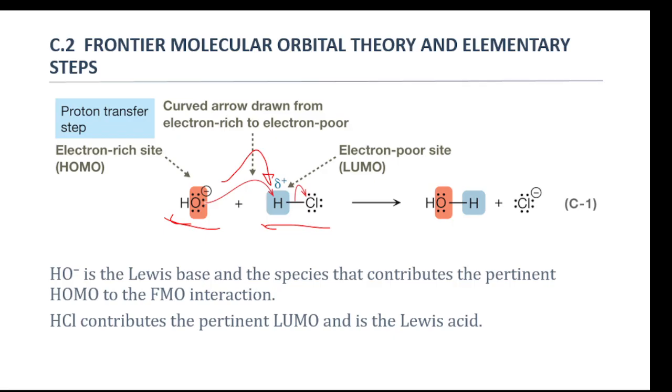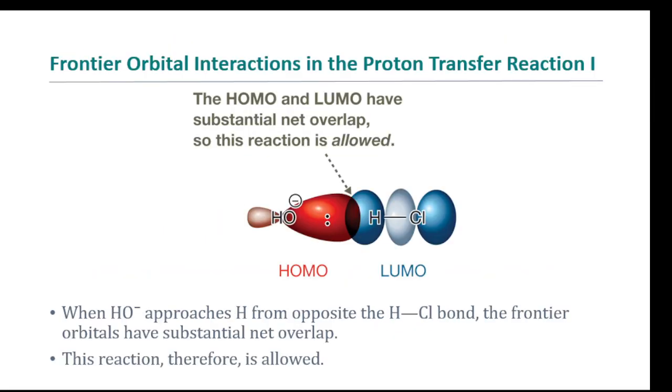And has anybody ever noticed when you hand stuff to somebody, especially really light stuff, there's this moment where neither of you are sure of who's holding on to it, right? And sometimes you guys drop it. I mean, that's kind of what's going on here, right? At that transition state, they're both going to be holding on to it, and this could go in either direction, couldn't it? Okay. All right, so the HOMO and LUMO are going to have substantial net overlap.